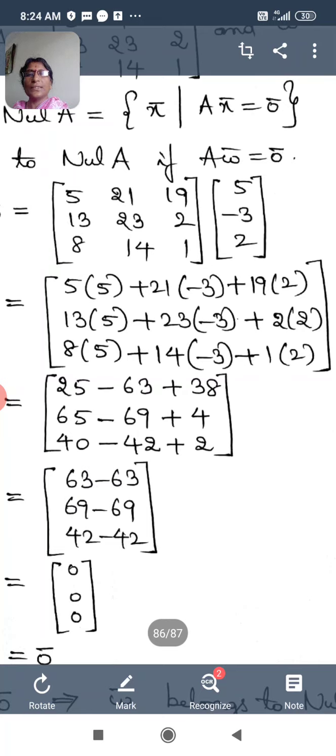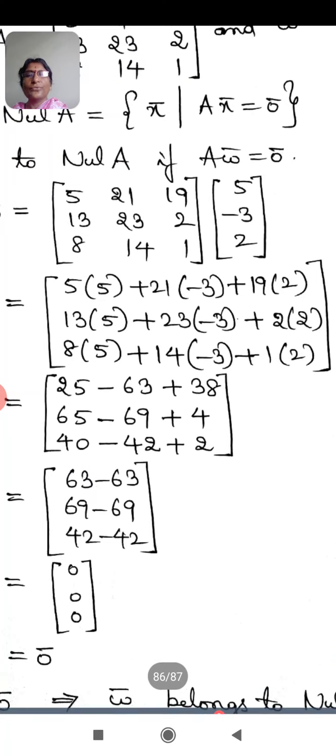In the second element, 65 plus 4 gives you 69, and it is minus 69 there. In the last row also, 40 plus 2 is 42, minus 42.